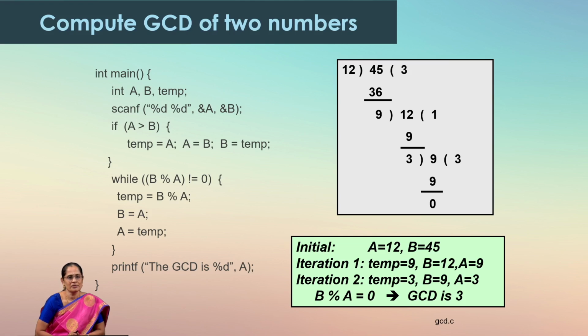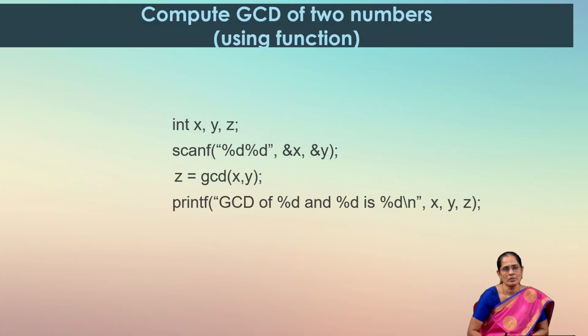This will be a difficult process for the compiler to handle, and it requires more memory space also. If the same program is divided into a function, the process will be very simple. Within 4 statements we will be able to compute the GCD using a function.